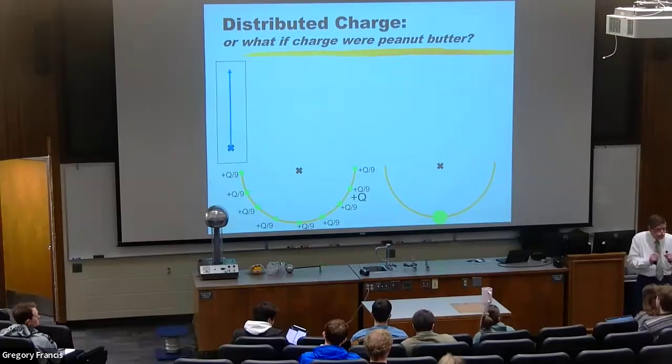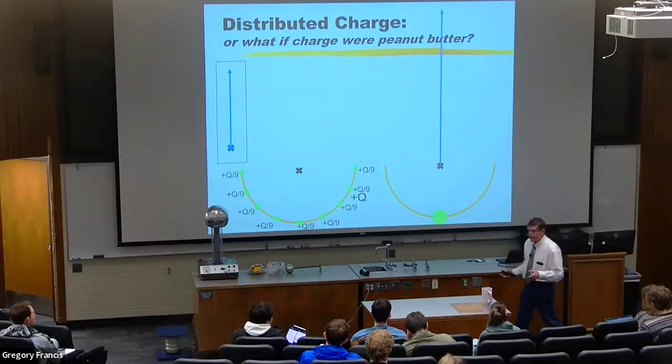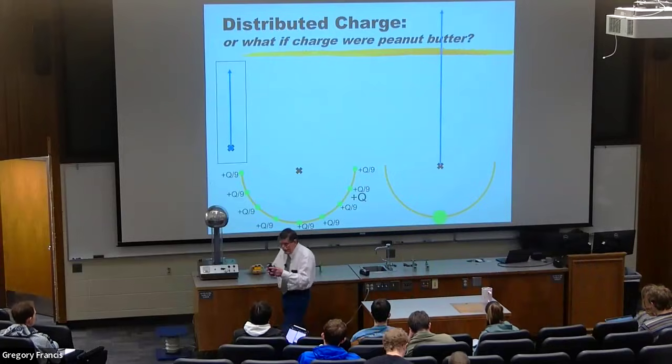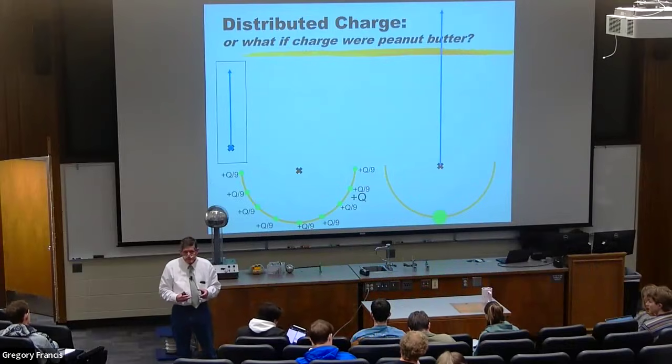And all 9 of those chunks now are giving me an electric field in the same direction. And it's 5, 5, 5, 5, 5, 5, 9 fives, okay? And so in that case, that's truly 45 newtons for each coulomb. And so if it's all together, it's going to give you a bigger contribution. The questions on that? That seem reasonable?